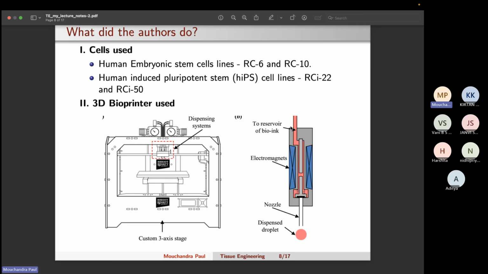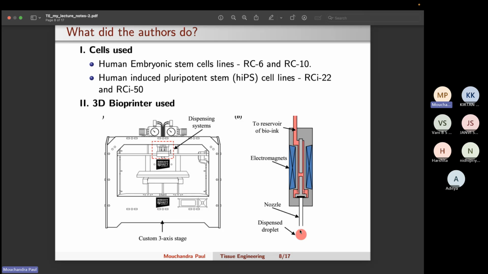Constantly some pressure is applied. This is a gauge that is used to measure the pressure. So constantly some pressure is applied to the reservoir of bioink, and due to the action of these electromagnets, the valve is opening and closing.